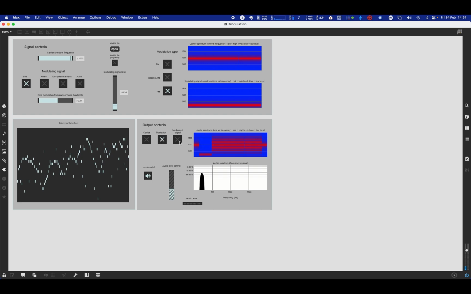When we use FM to do the modulation, we're getting the carrier still at 1 kilohertz, a pair of sidebands at plus or minus the modulation frequency, another pair of sidebands at plus or minus twice the modulation frequency. And if I turn this up, there's the next set of sidebands, and the next set appear, and so on. And we've gone off the end.